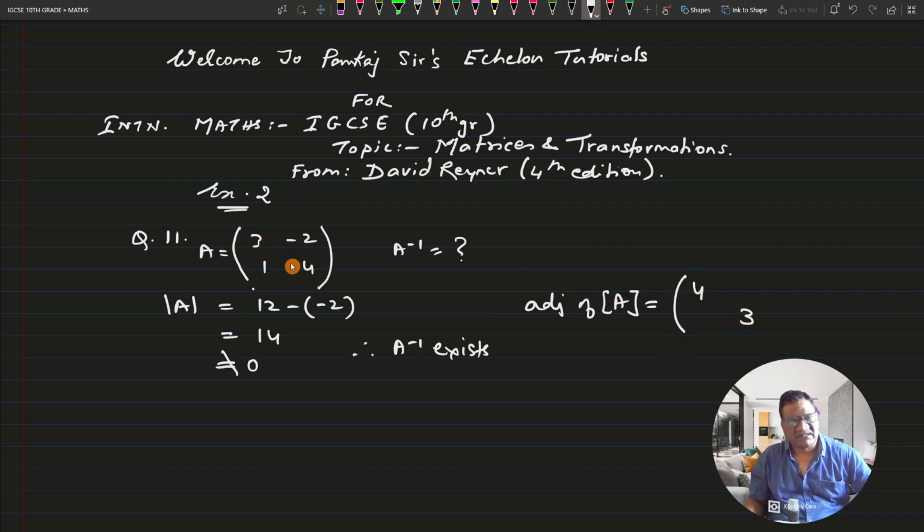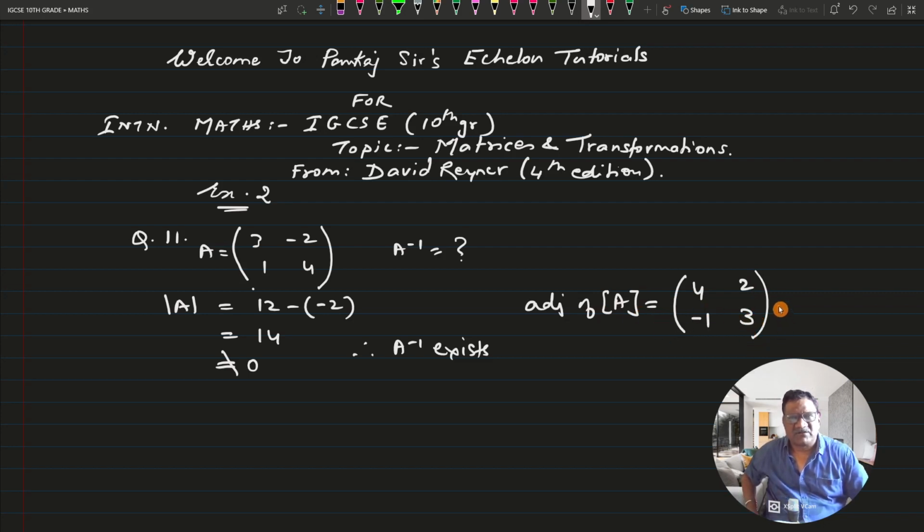You just interchange the positions of 3 and 4 on this principal diagonal. And on this other diagonal, whatever elements you have, you just change the sign. This is minus 2, so make it plus 2, and this is 1, so make it minus 1. With these two steps you get the adjoint of this matrix A.